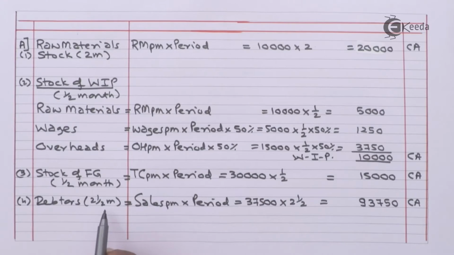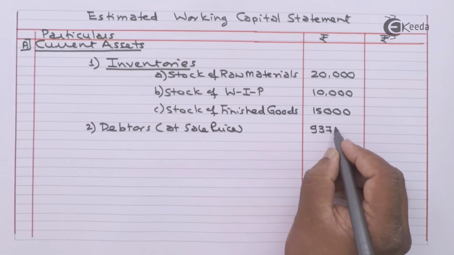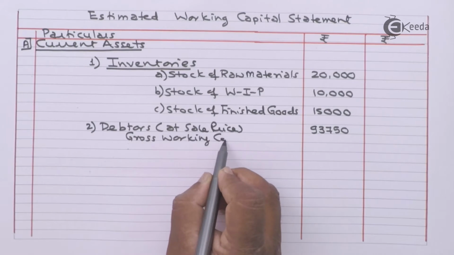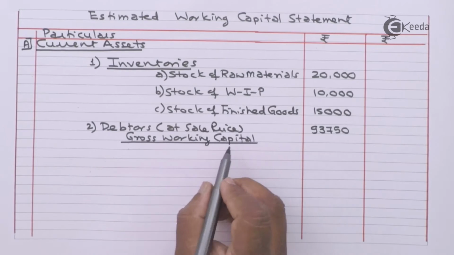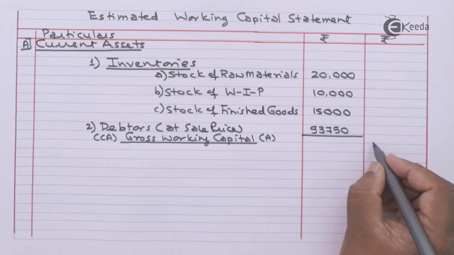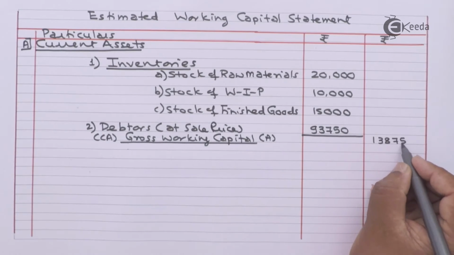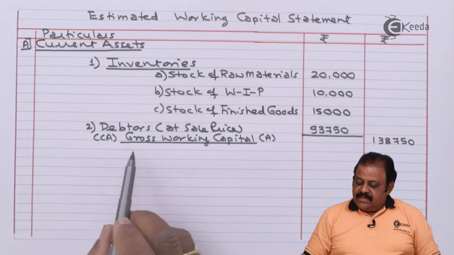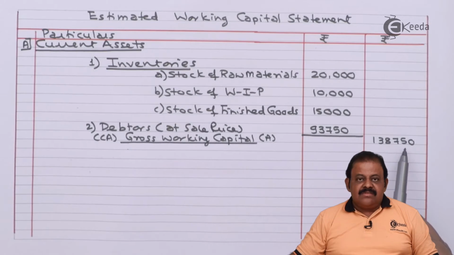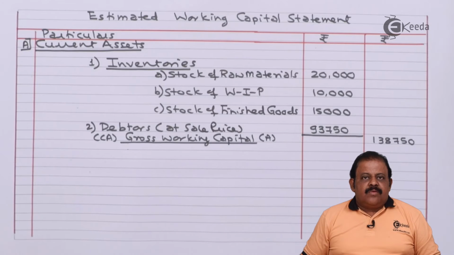Debtors we have at sale price for 2.5 months, 93,750. Total current asset, that is gross working capital, we got 1,38,750. From this we will be deducting current liabilities.